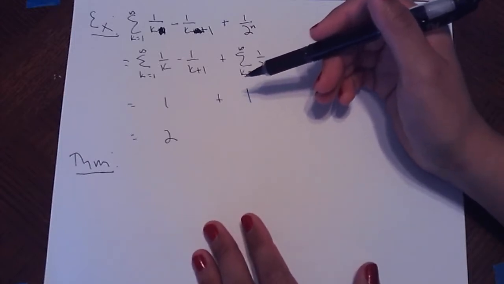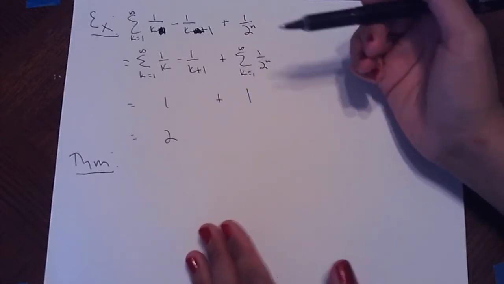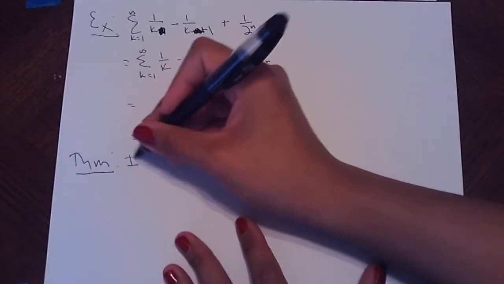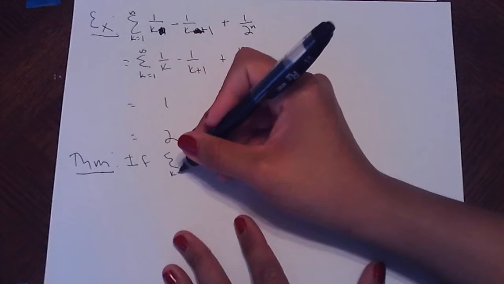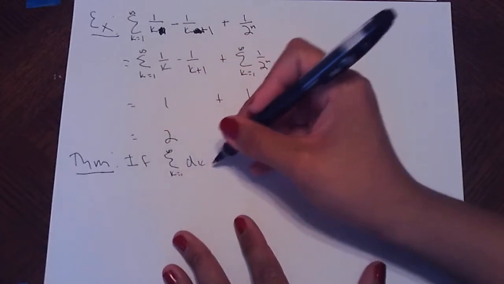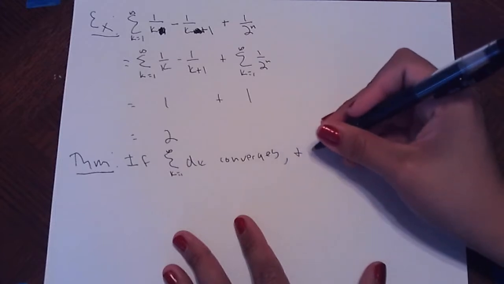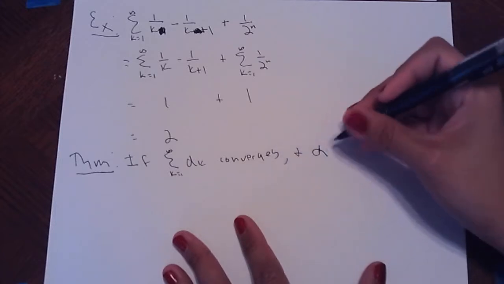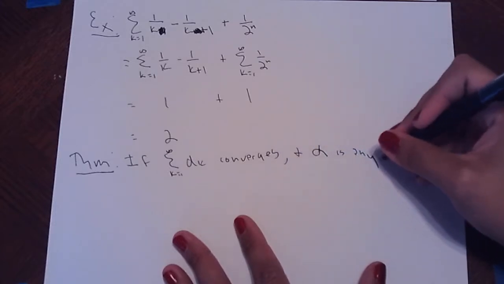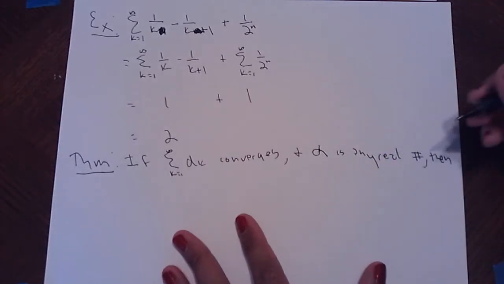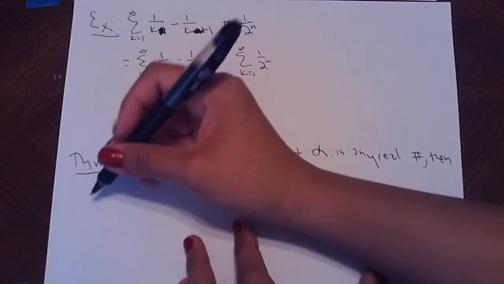You also have a similar notion of being able to pull constants out, right? If I have a series that converges, and let's say that alpha here is any real number, then I've got the following.